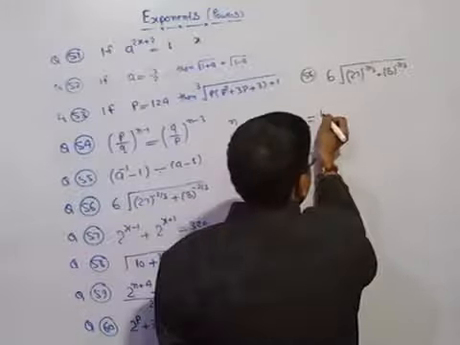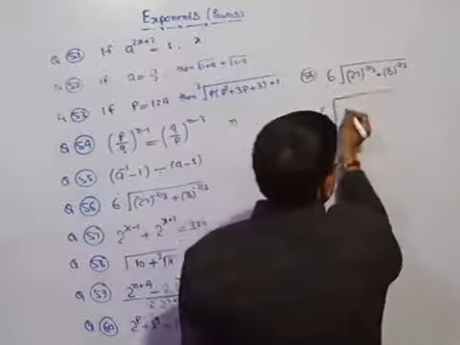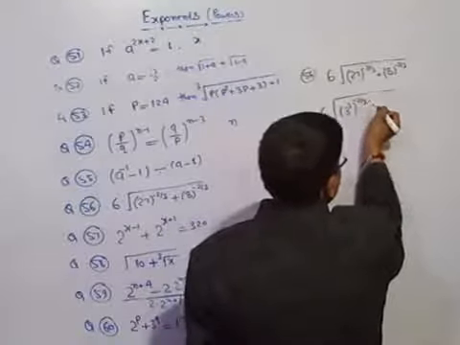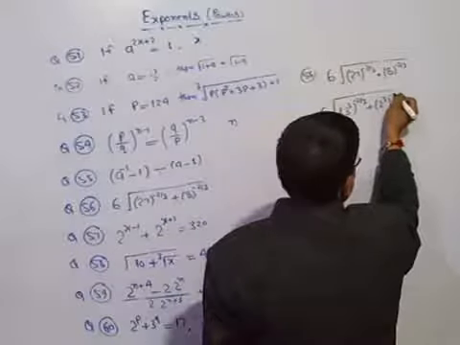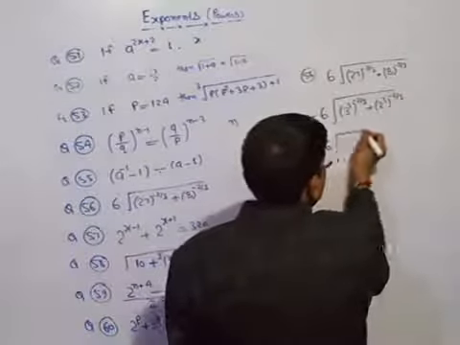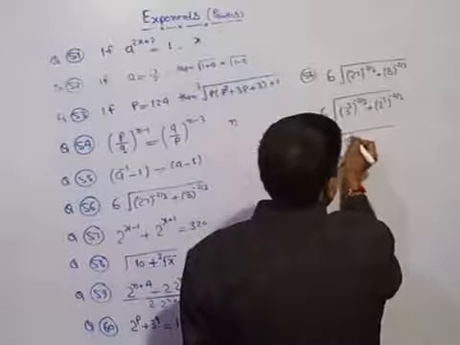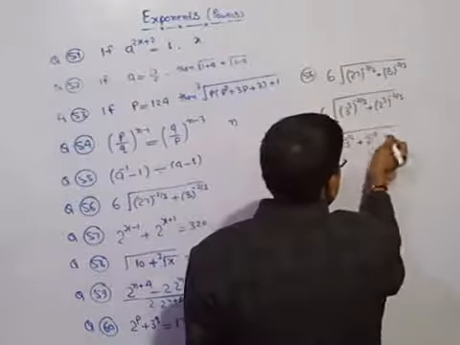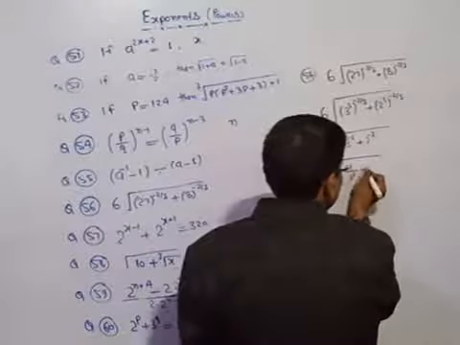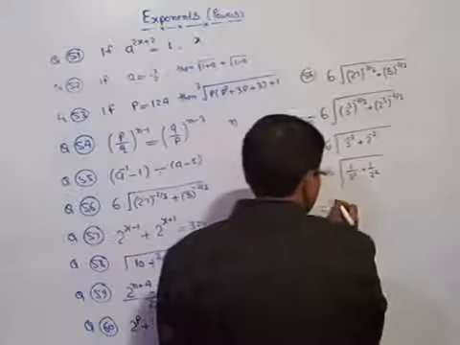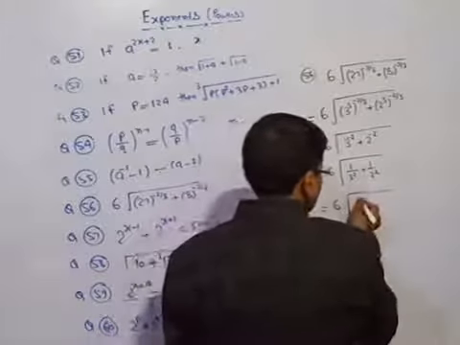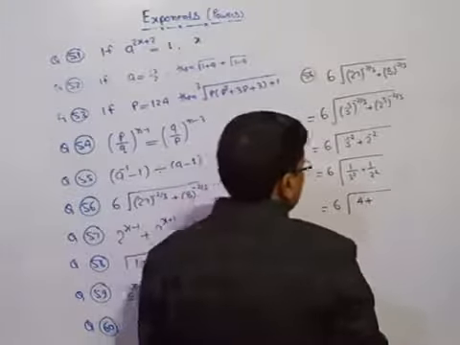Now 6 root of (3 to the power 3) to the power minus 2 by 3, and (2 to the power 3) to the power minus 2 by 3. 3 and 3 cancel out, 3 and 3 cancel out. 6, 3 to the power minus 2, 2 to the power minus 2. 6, 1 upon 3 to the power 2, 1 upon 2 to the power 2. 2 to the power 2 equal 4, 3 to the power 2 equal 9.